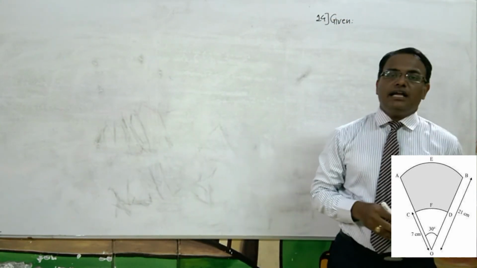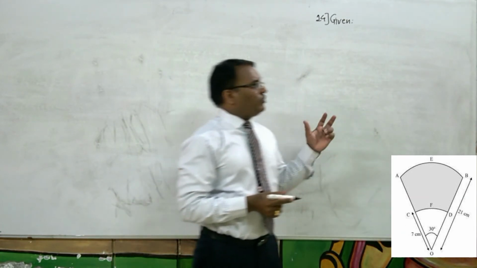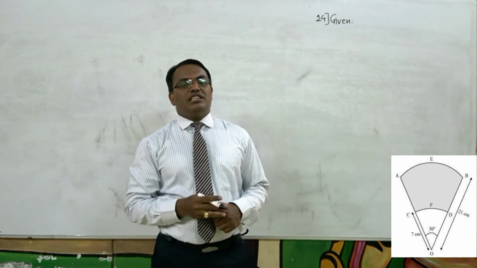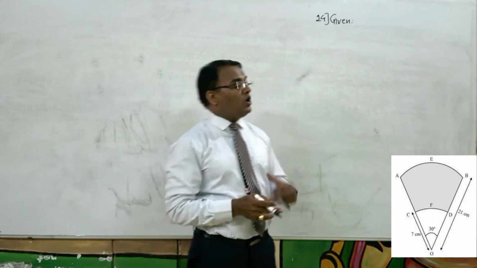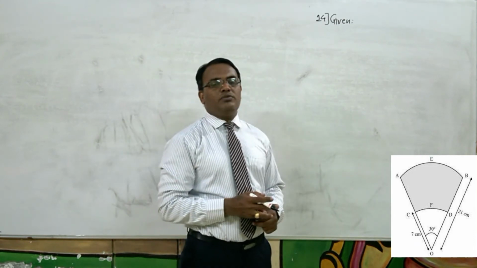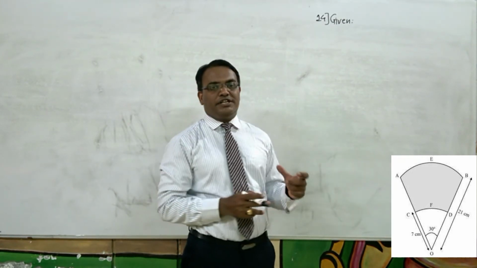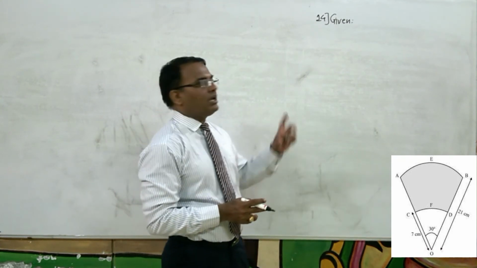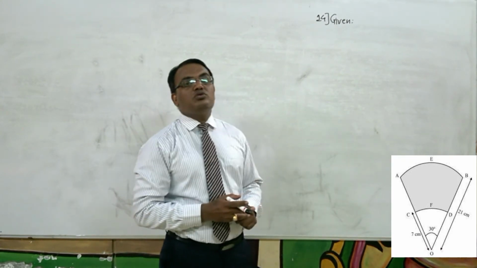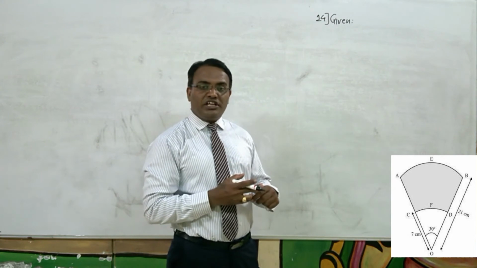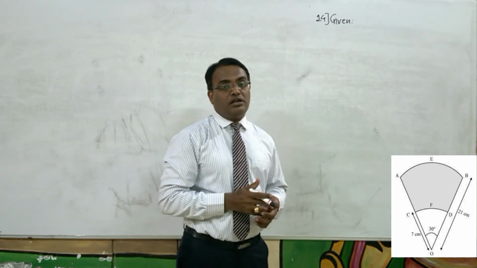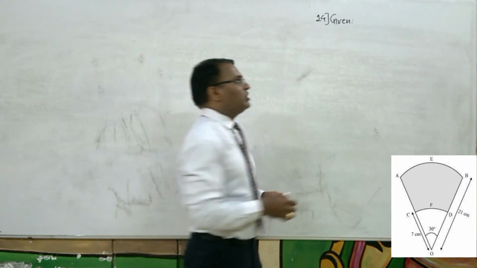What is given in that? If you observe the diagram, you will be able to see that there are two radii. After seeing the diagram, you can easily find out that the area of the shaded part is nothing but the difference between the two sectors. They are concentric with the common theta, but with different radii. So what is given?